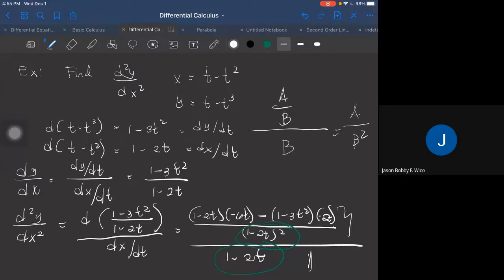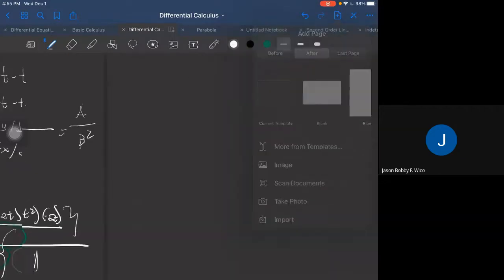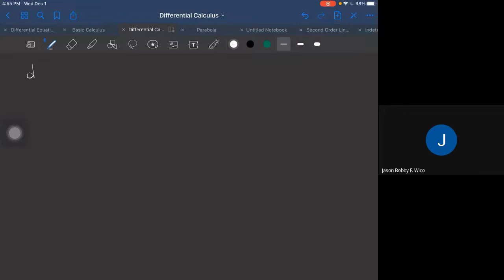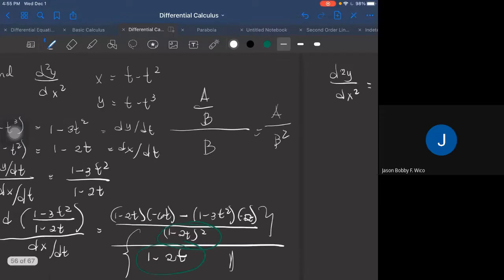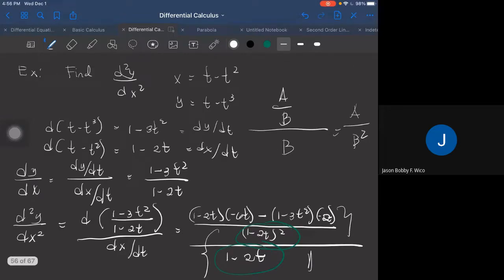So we can join these two. And so we have 1 minus 2t quantity cubed as our denominator. So we will simplify the second derivative of y with respect to x of this parametric equation.